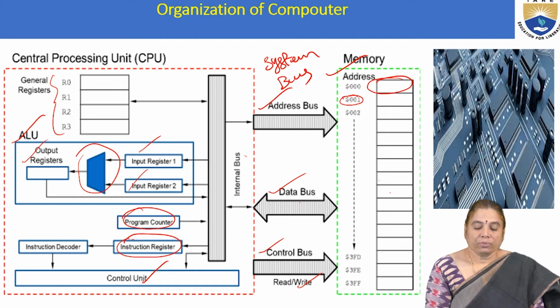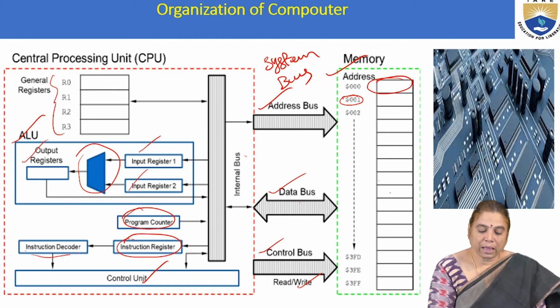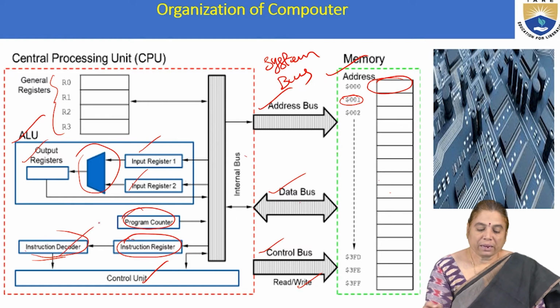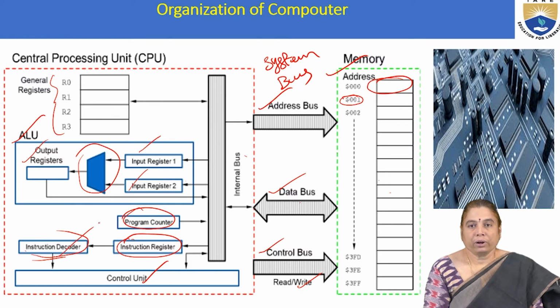After that, decoding of the instruction can be performed with the help of the instruction decoder. What does decoding mean? The instruction can be represented in the instruction format. Just now we discussed the 3 types of instructions: memory referenced, register referenced, IO referenced, depending upon the opcode. So that format can be interpreted by the instruction decoder in order to fetch the operand depending upon the type of instruction.